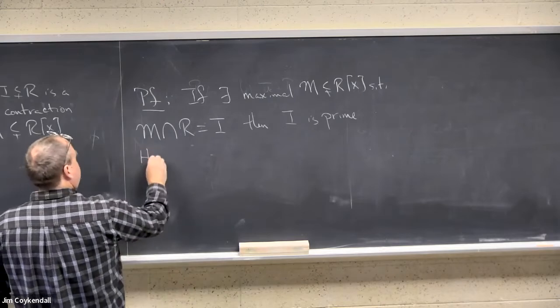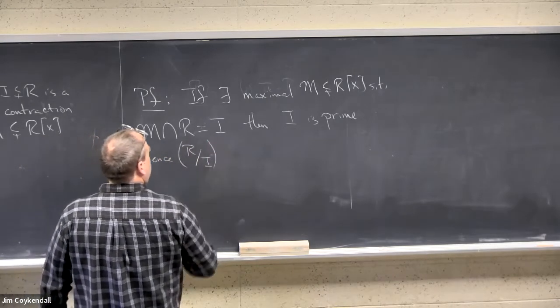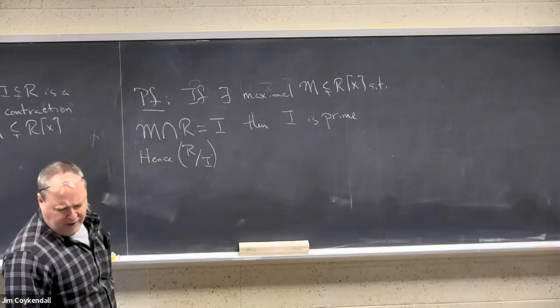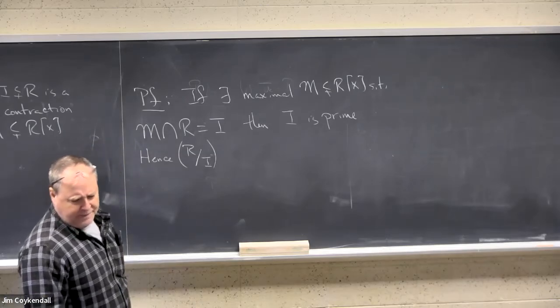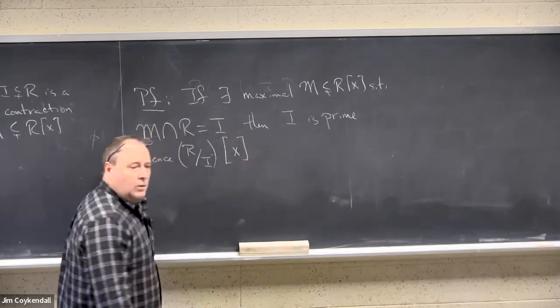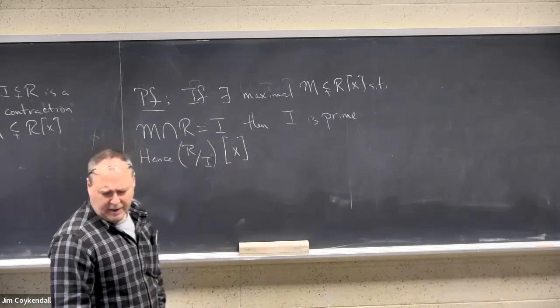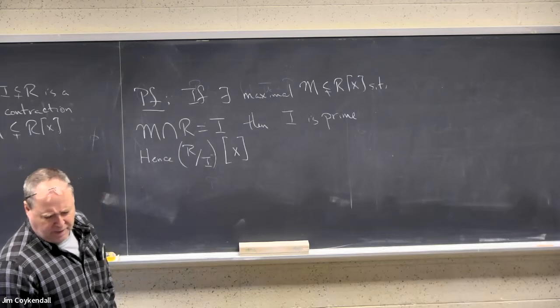Hence, if you look at R/I, this is a domain, and so is its polynomial ring, because a domain's polynomial ring is still a domain.